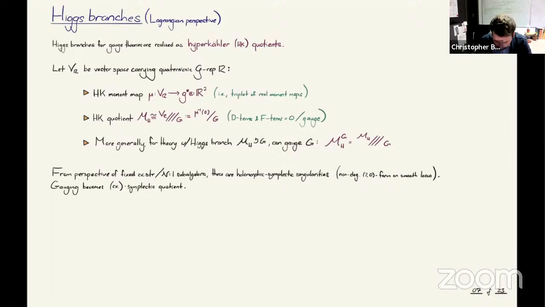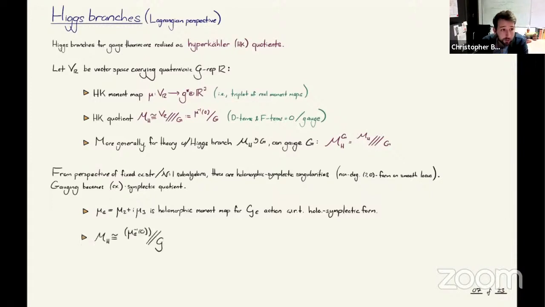So they have a non-degenerate (2,0) form on their smooth locus. And then instead of phrasing the gauging as hyperkähler moment maps and hyperkähler quotients, you can introduce a holomorphic moment map, which, if you're working in the first complex structure, means taking the second plus i times the third of these moment maps that were previously in a 3-component vector. You set those equal to 0 and then do the symplectic, the Marsden-Weinstein quotient with respect to G.